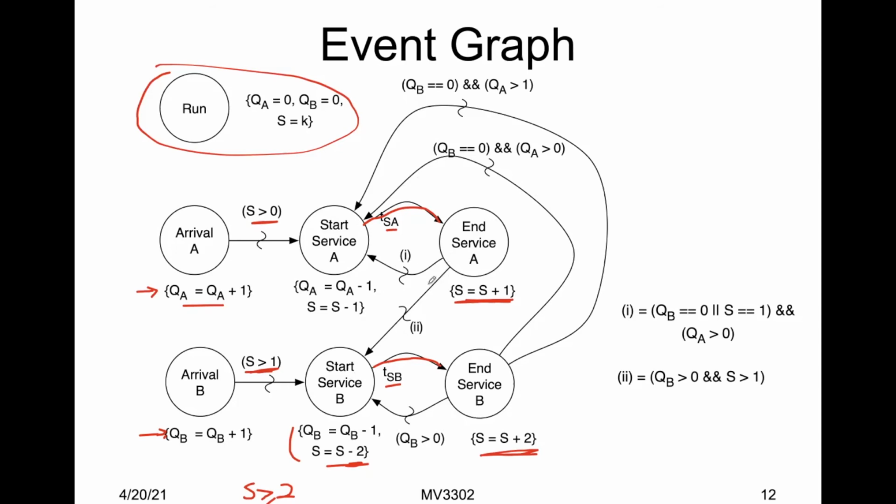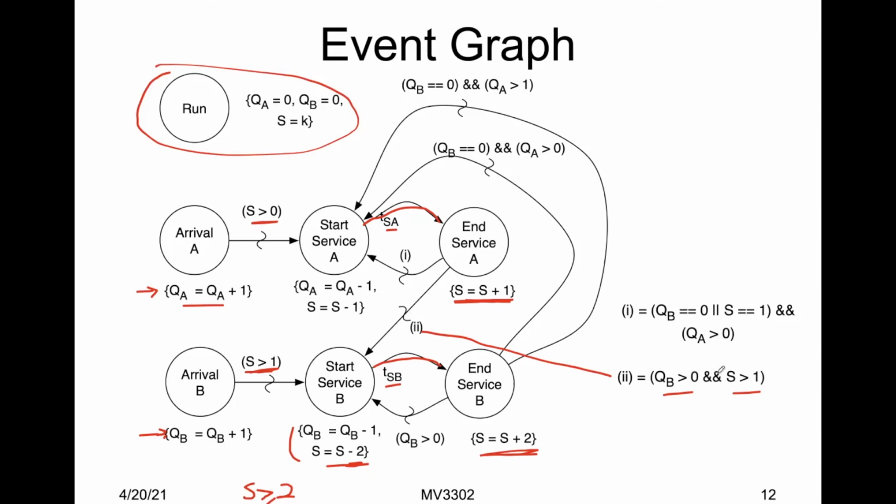If we leave this out, then we're ignoring the possibility that we switch. So we finished on an A, but if there's another guy that we can work with, and if there's a B available, then we want to switch to that. And that's what this condition is: if there's a B in the queue and there's at least one more server.